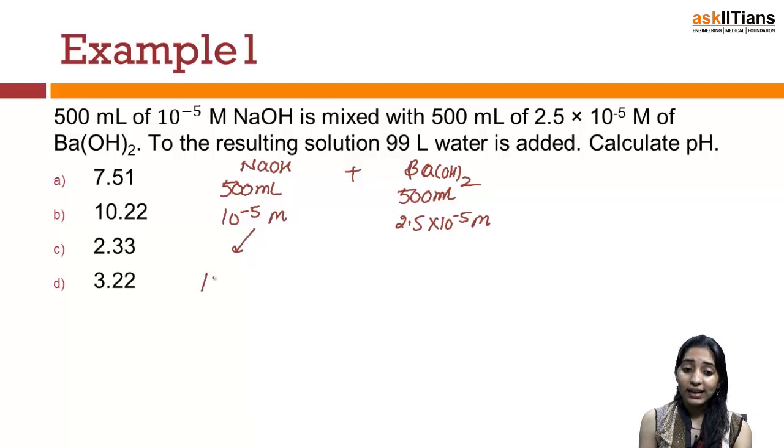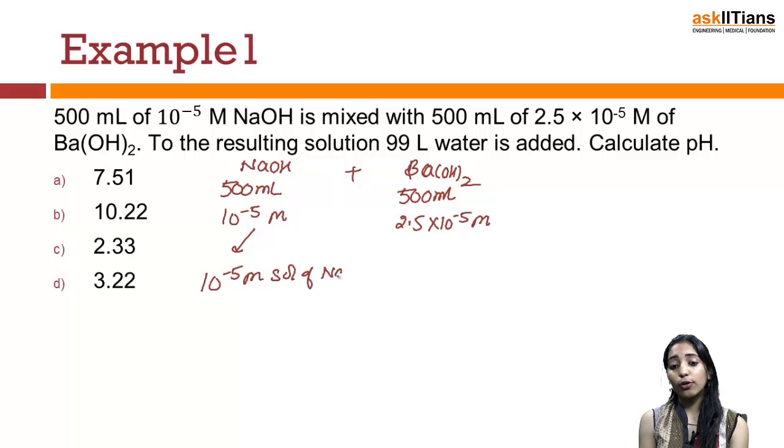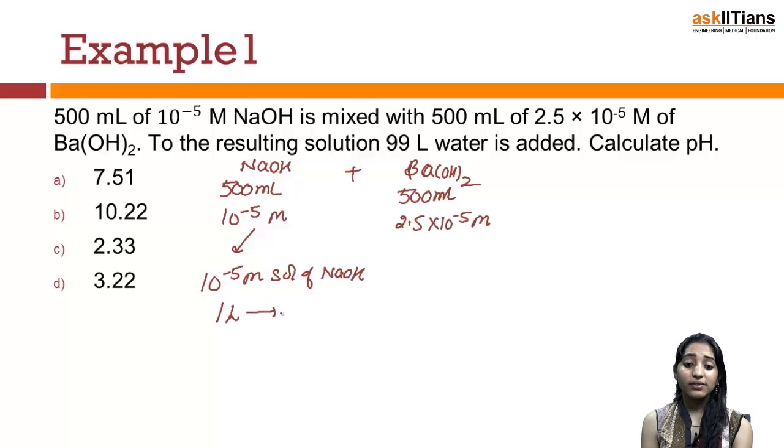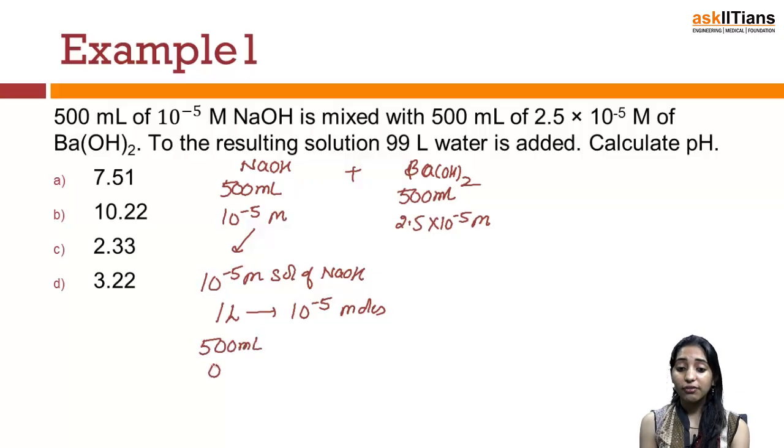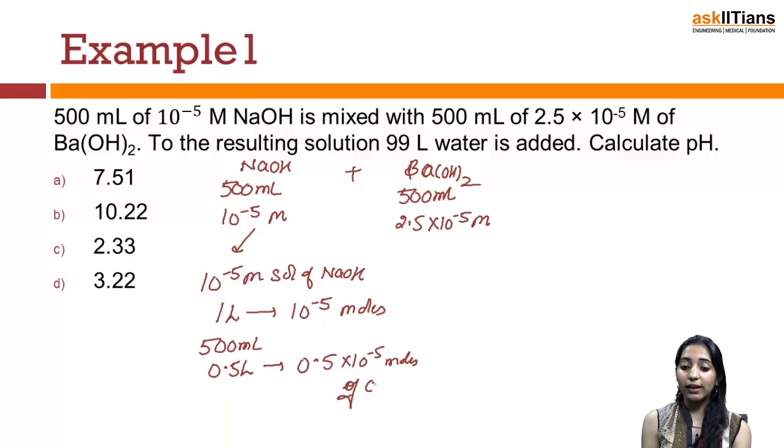If I am saying you have 10 to the power minus 5 molar solution of NaOH, that means 1 liter of solution contains 10 to the power minus 5 moles of NaOH. But I am talking about just 500 ml, that means just 0.5 liters. So it will contain 0.5 into 10 to the power minus 5 moles of OH minus.